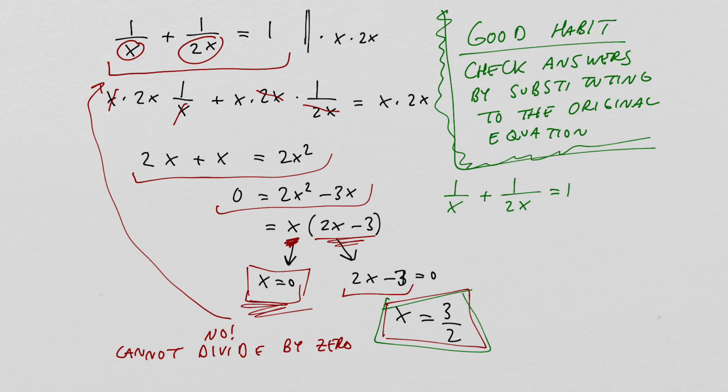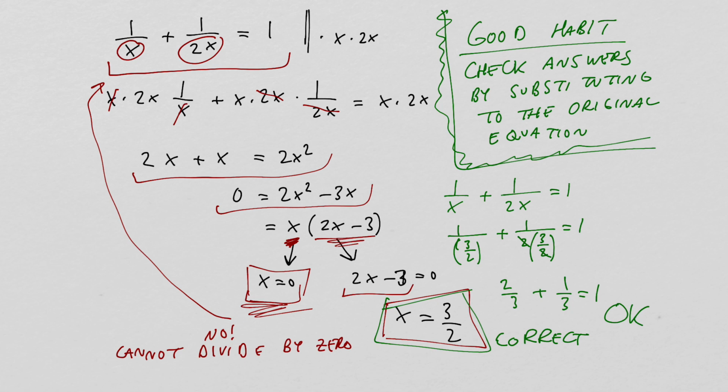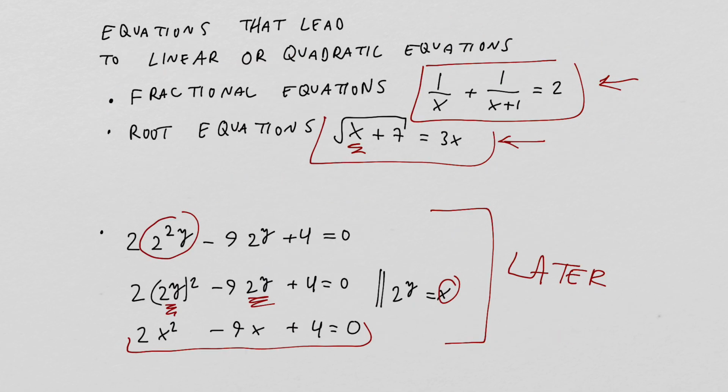If we would substitute there 3 over 2, we would get from the first fraction 2 over 3, and from the second one we would get 1 over 3, and together they make 1, so our solution is correct. That's everything what I wanted to say about the fractional equations.